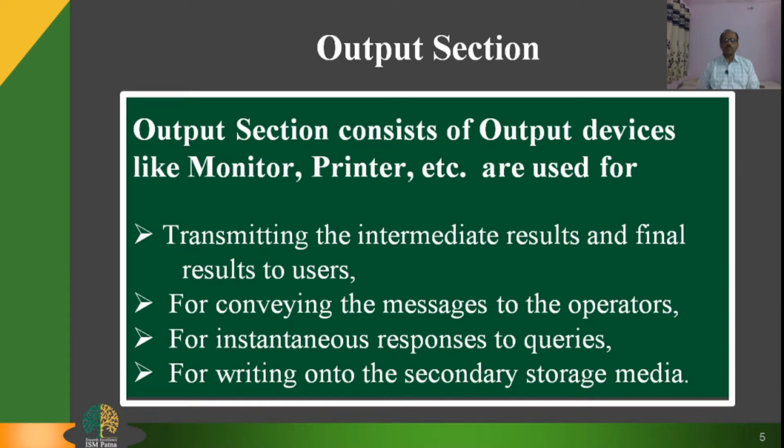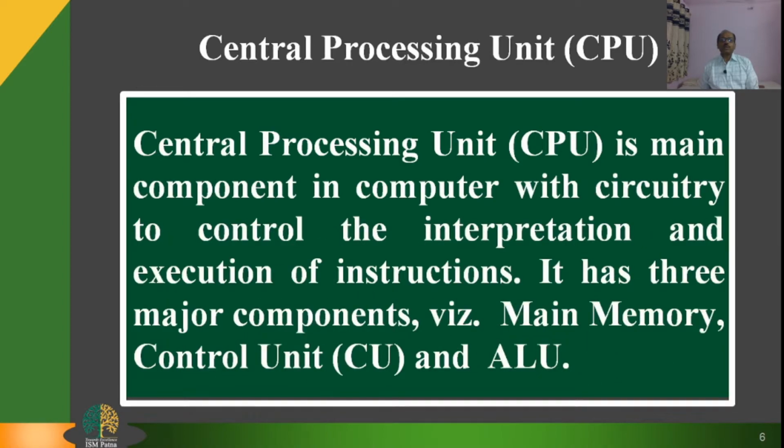Now, we move to the central processing unit, that is CPU. It is the main component in the computer with circuitry to control the interpretation and execution of instructions. It has three major components: main memory, control unit, in short known as CU, and arithmetic logic unit, in short known as ALU.